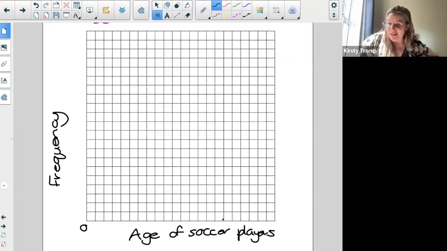I'm going to try go up in 5s, so I've got 5, 10, 15, 20, 25, 30, 35, 40. Okay, I've done that. Yours, if they gave you a grid, it would be more spaced out. Obviously, always good to go up in 5s. Just makes sense to do it that way.